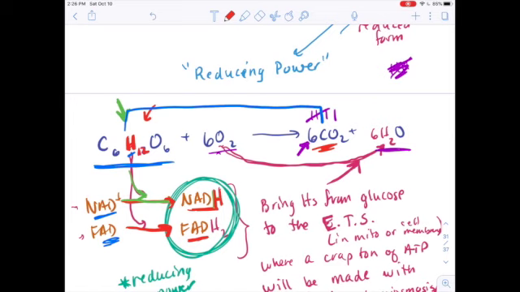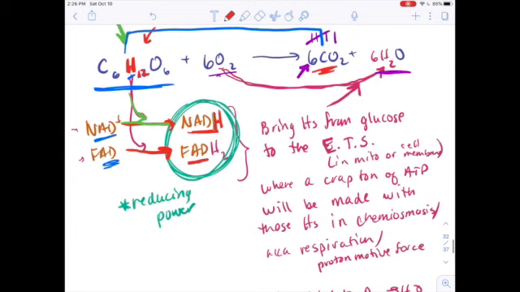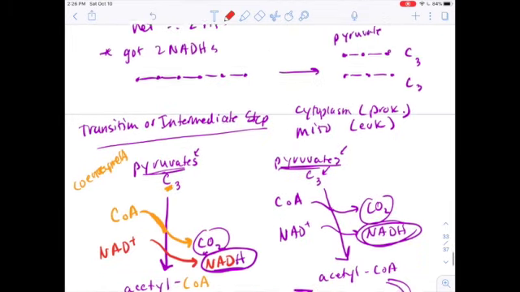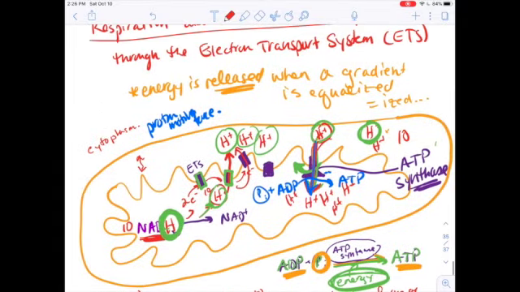NADH and FADH2 accumulate in the mitochondria, if we're talking eukaryotes, and they release those hydrogens. They bring them to the electron transport system in the mitochondria, where the hydrogen atoms will split into their electrons and their protons. The protons get pumped across the inner membrane of the mitochondria. That sets up an electrochemical gradient that's not stable.